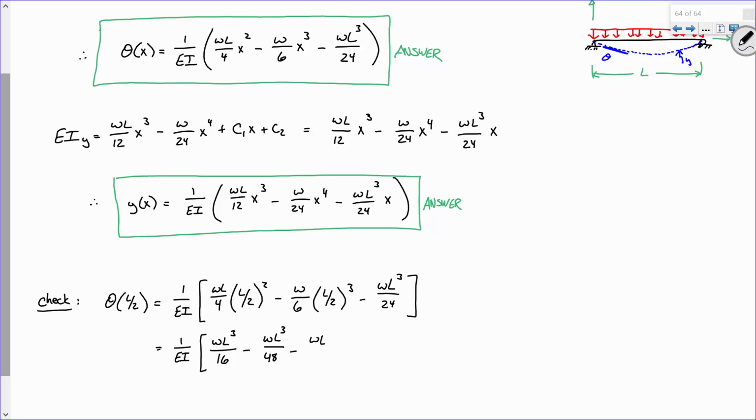Minus WL to the third over 24. Fair point? So can I factor out the WL to the third? So WL cubed over EI times that.